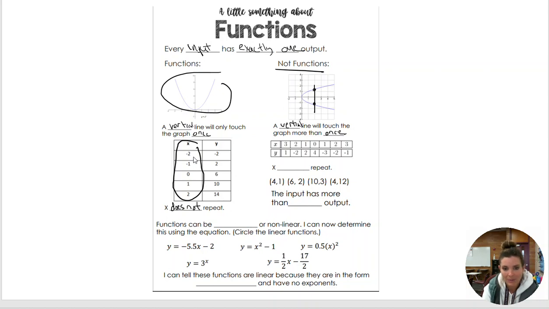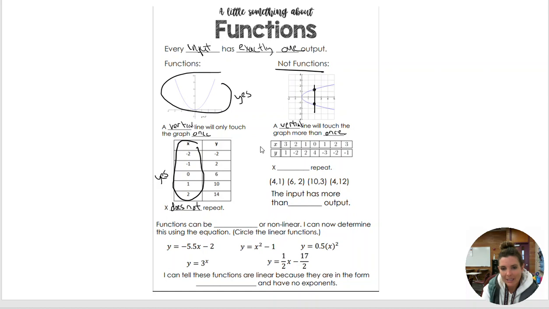So we can look here, we've got -2, -1, 0, 1, 2. None of those x values are the same. And we don't actually care about what the y values are if the x values are not the same. So this, we would say, is a function, okay? So this is a function because it passes the vertical line test. This is a function because none of the x's repeat.